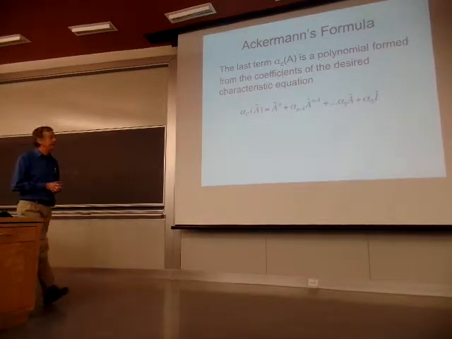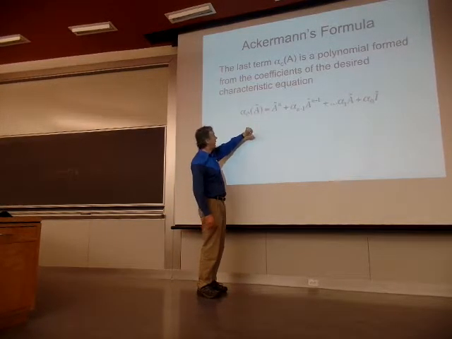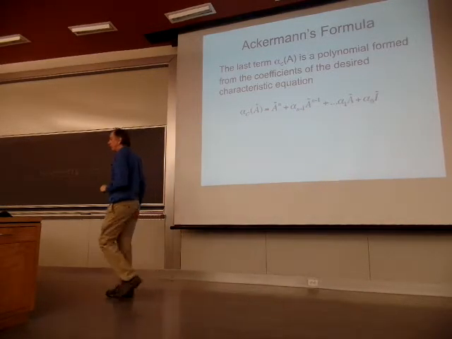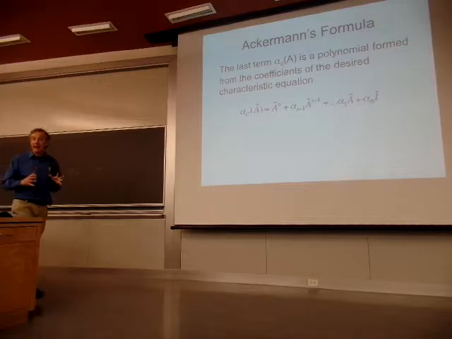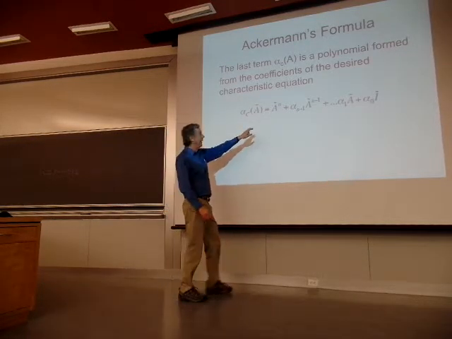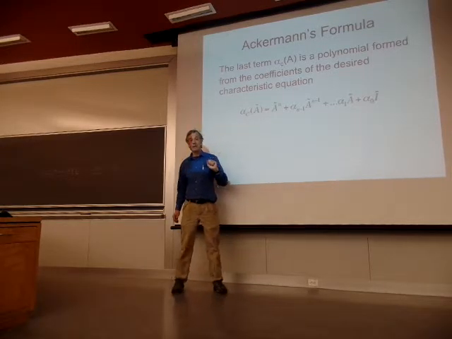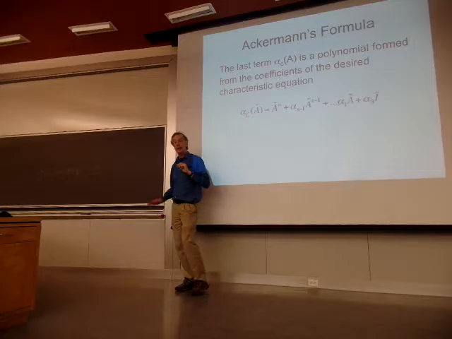Here's my desired characteristic equation. Define what my poles are and everything, figure out what all these desired coefficients of the characteristic equation are. But notice instead of s, I have the A matrix there. Because the Cayley-Hamilton theorem says the A matrix satisfies its own characteristic equation. So instead of s to the n, I put an A to the n here, and it's still valid.